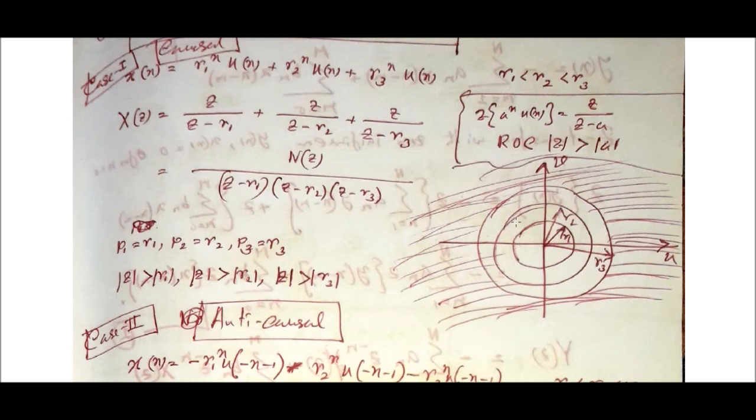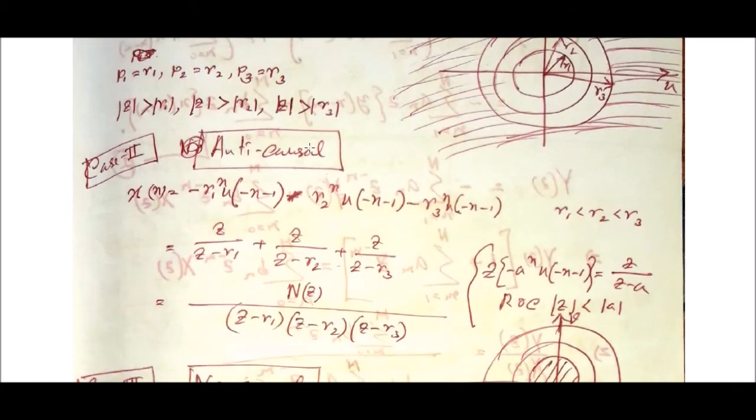That's why the exterior of the r2 circle will be the common ROC between the first two terms. Similarly, the third term's ROC should be greater than r3, that means the exterior of the biggest circle, and the common ROC among all three terms will be exterior to the biggest circle, because in between there is no common region of convergence.